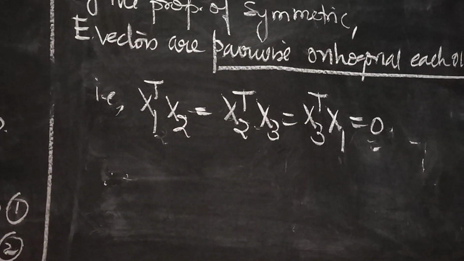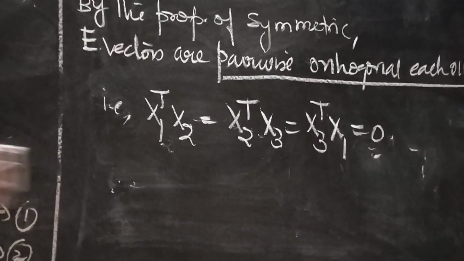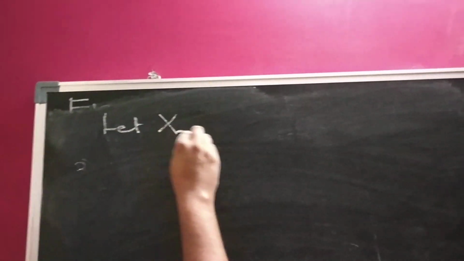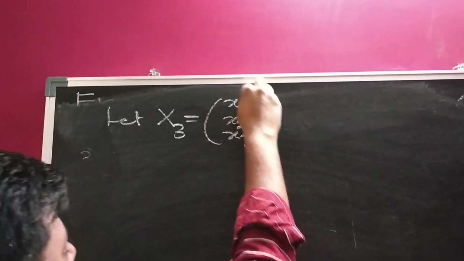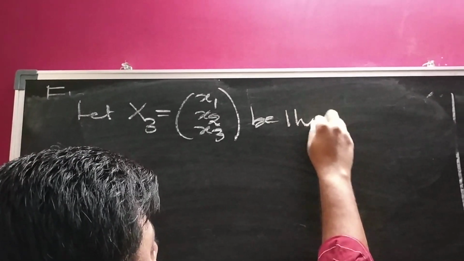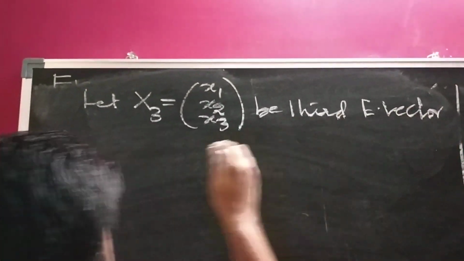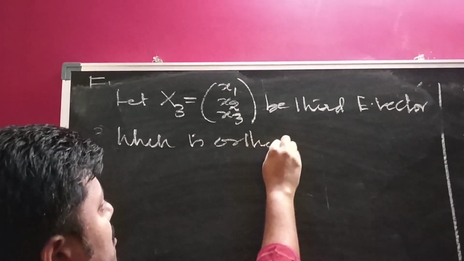So let's consider the third eigenvector. Let x1, x2, x3 be the third eigenvector, which is orthogonal to x1 and x2.